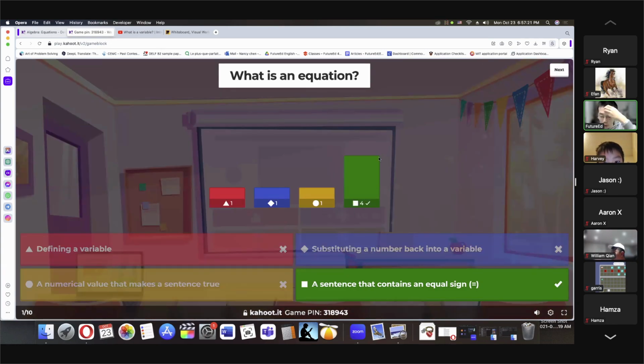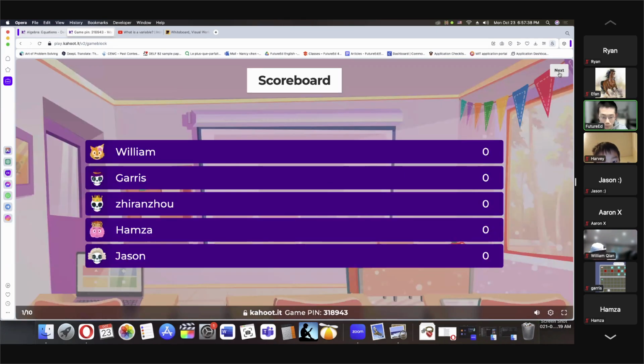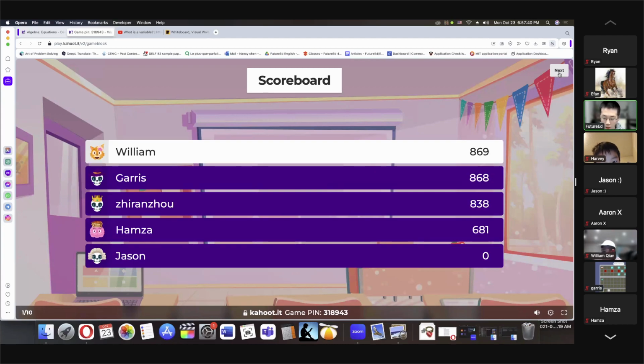Okay, I'm glad most of you got it correct. We just read a section about this. That's why I left it for last, because I know some of you may not remember it for the entire lesson. But it is a mathematical sentence that contains an equal sign. That way we know the left side is the same as the right side. Okay, moving on. Good job, guys.